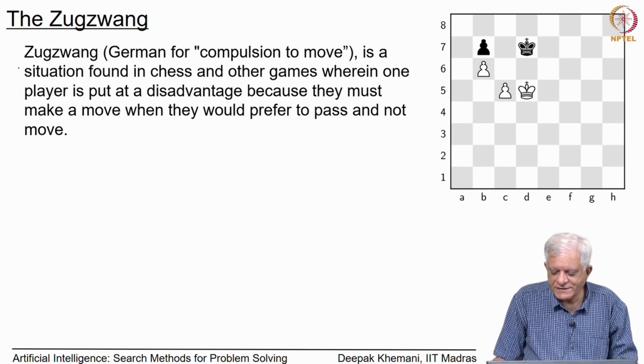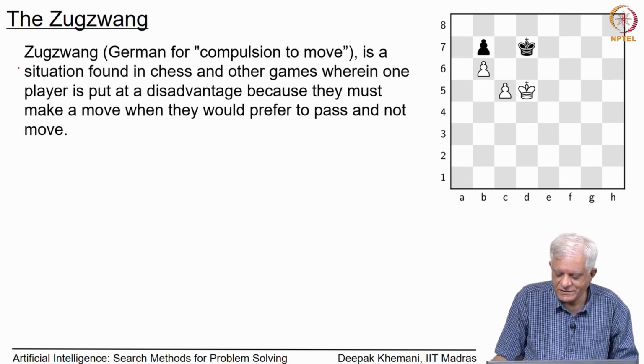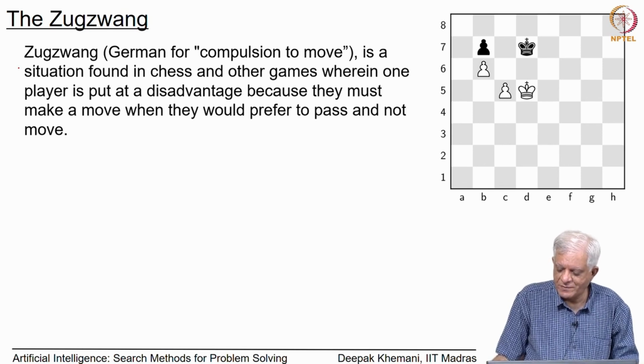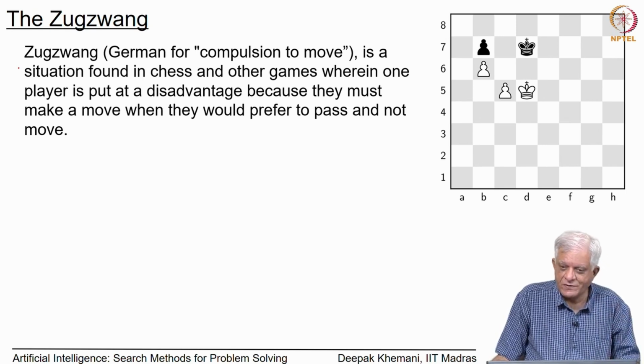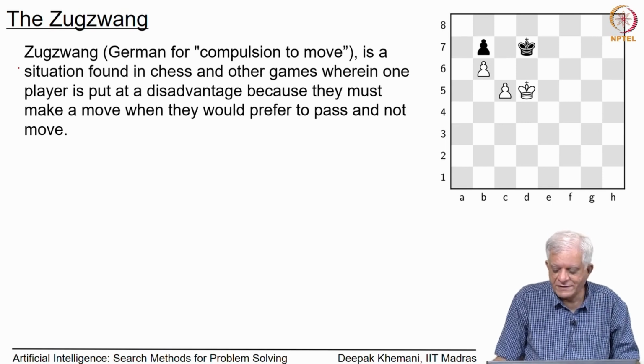So, we will not discuss this in too much detail here, but if you look at this chess position shown here, then you can see that white has got 2 pawns and a king, black has got 1 pawn and a king. If somehow white could move forward and promote one of his pawns to a queen or something, then white would eventually win the game. But the situation is such that black is preventing white from coming forward essentially.